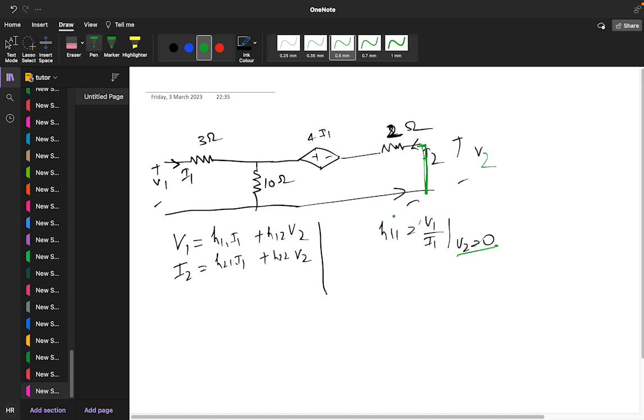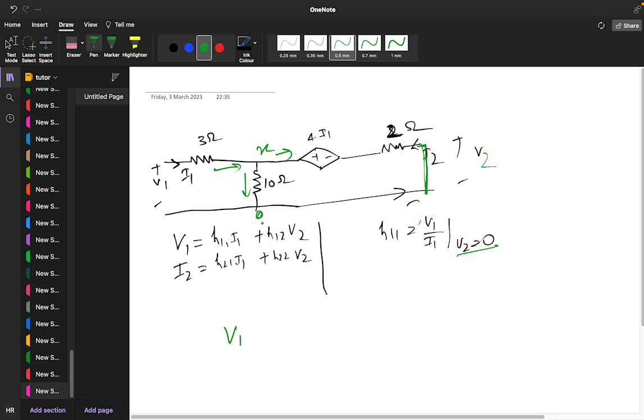Okay, V1 upon I1. So now take it as an x value here, your reference value. Apply the nodal analysis. So you are getting V1 minus, if you are considering some current from this side, some current from this side.